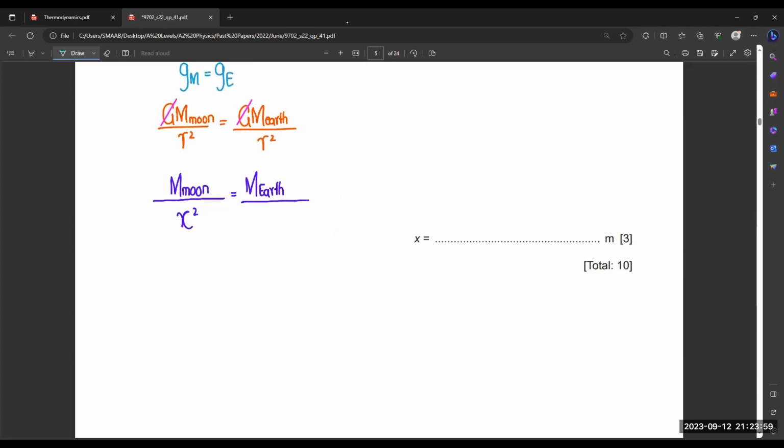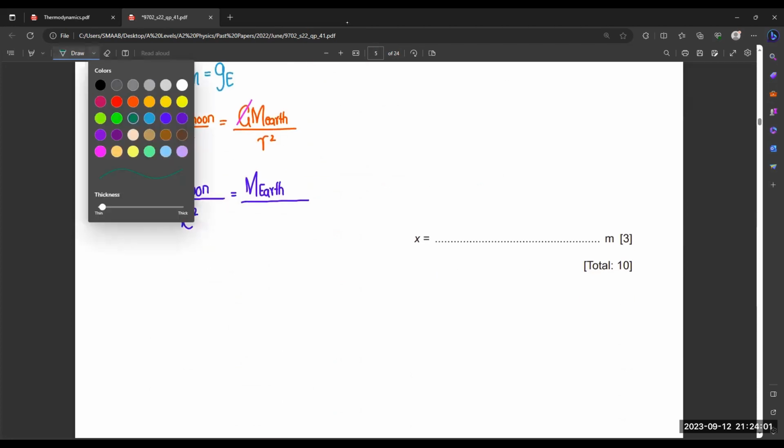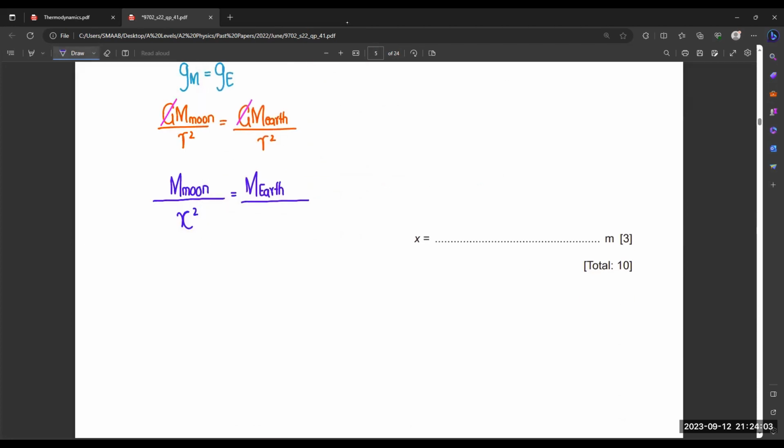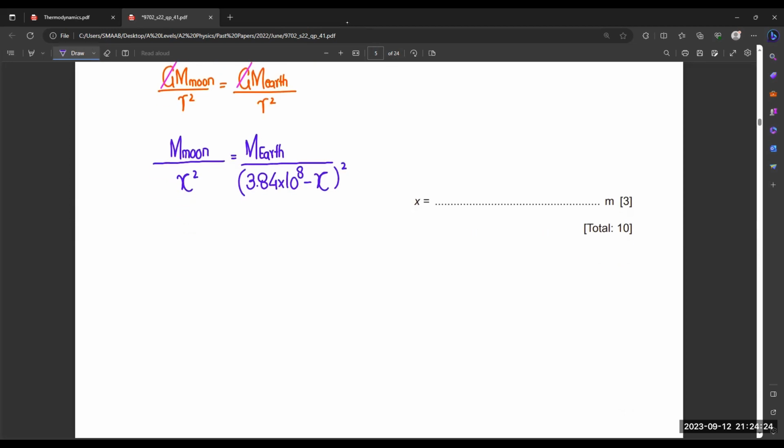Yes. So we can write over here that the earth distance will be the total distance minus the distance between point x and the moon. So this is the equation. Now we just need to substitute the values.